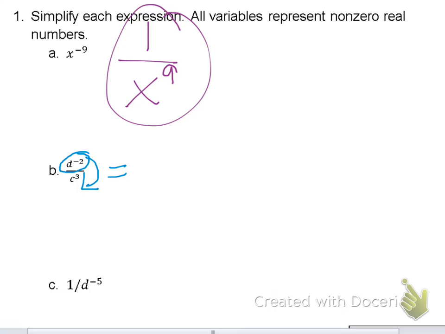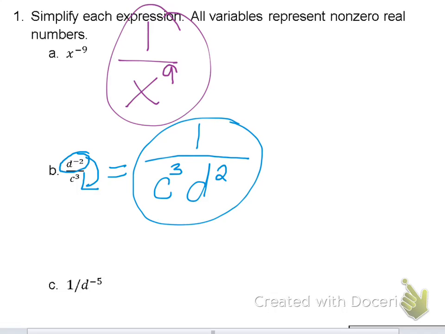So now on the bottom we're going to have c to the 3rd power because that didn't go anywhere. But we also are going to have d to the 2nd power, and the negative disappears from our exponent. And on the top we're just left with 1. Nothing else is left up there. So that's now simplified as much as possible.